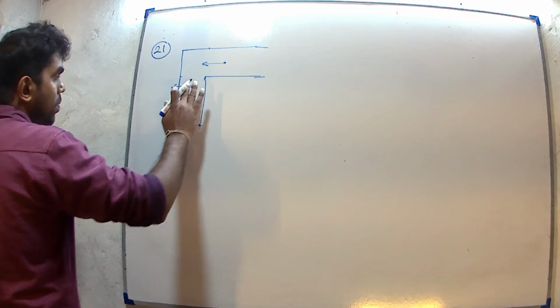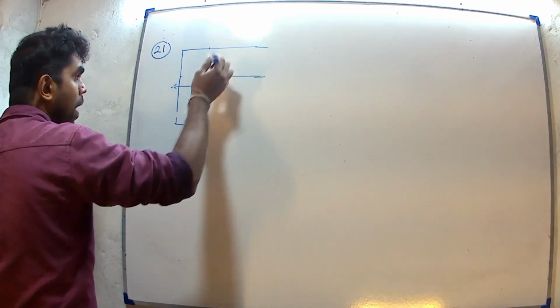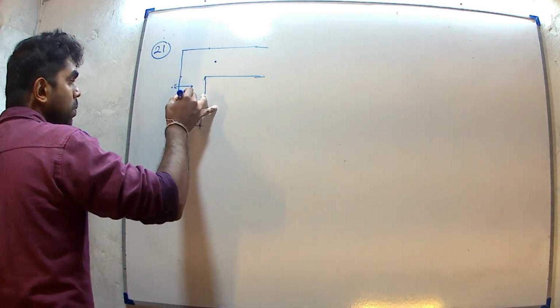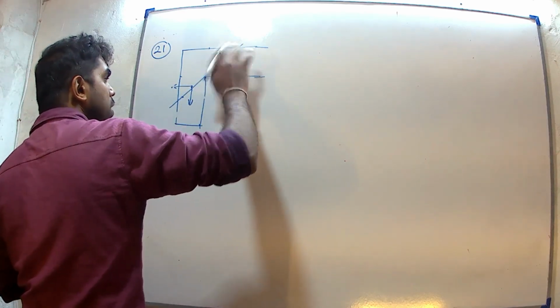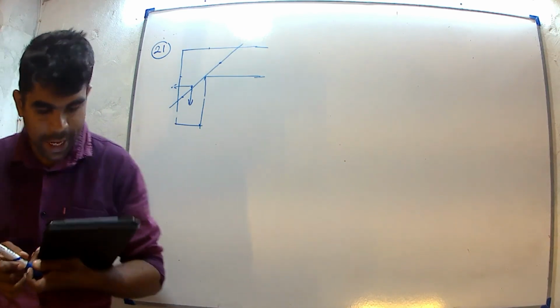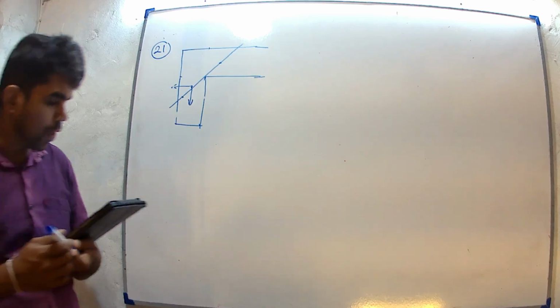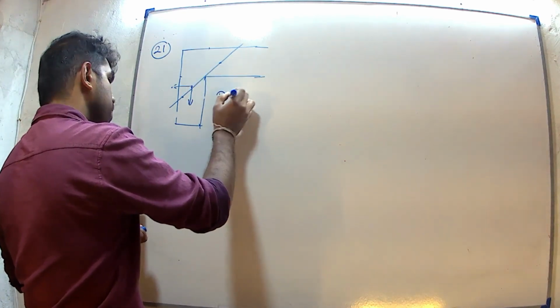Therefore, the center of gravity of this upper part should be a point like this, and this part should be a point like this. Then we can join the 2 points. The center of gravity should be on this straight line. Then the answer should be 4 for question number 21. It is right, point B.